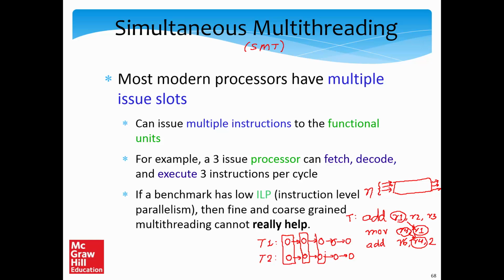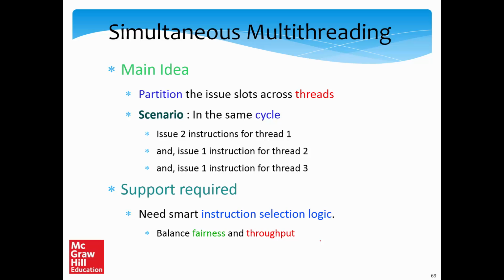Similarly, these 2, and so on. So in this case also, we have been able to, in a sense, double the throughput with extremely badly behaved code. And this is one advantage of what an SMT machine can do, which a coarse-grained and fine-grained multithreading machine cannot do. The way we do it is that we partition the issue slots among the threads, and we sort of make it very flexible.